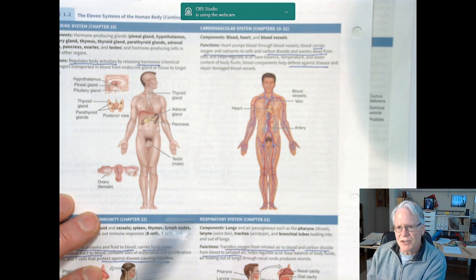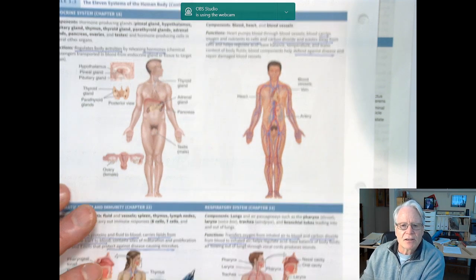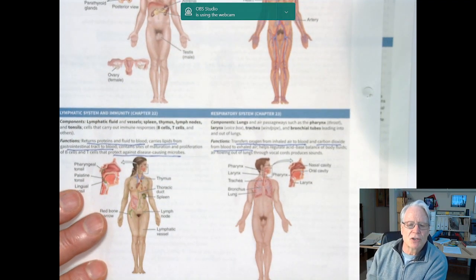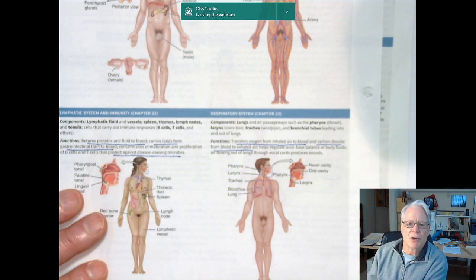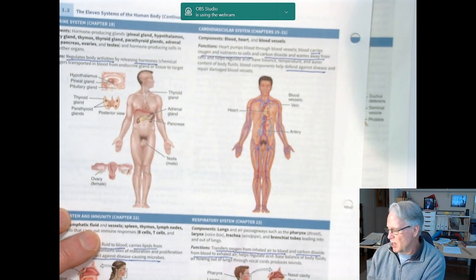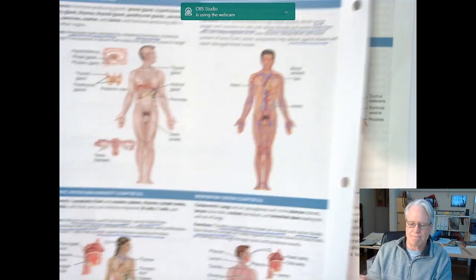So the cardiovascular system is taking oxygen and carbon dioxide from the lungs and delivering it to your body tissues. The respiratory system is delivering oxygen to the blood and taking away carbon dioxide from the blood. So once that material is in the blood, then the cardiovascular system takes over and transfers it to your body tissues, or takes it away from your body tissues.